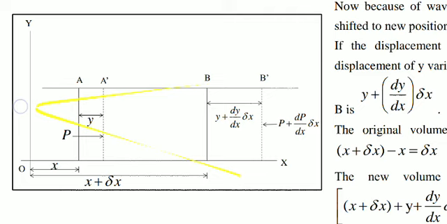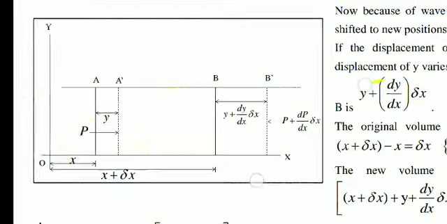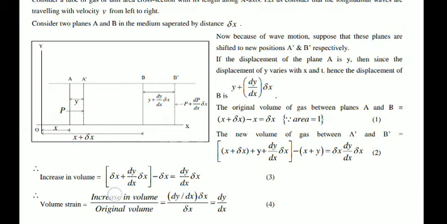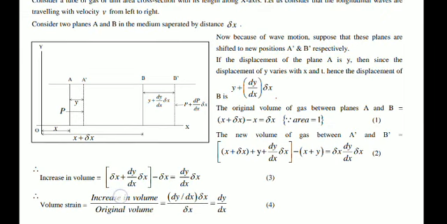It is x plus delta x. The volume from the origin to plane B will be this distance multiplied by the area, and the area is 1 because we are considering unit area of cross section. So x plus dx will be the final volume and x will be the initial volume. So x plus dx minus x will be delta x, because the area is equal to 1. So the original volume is given by delta x.